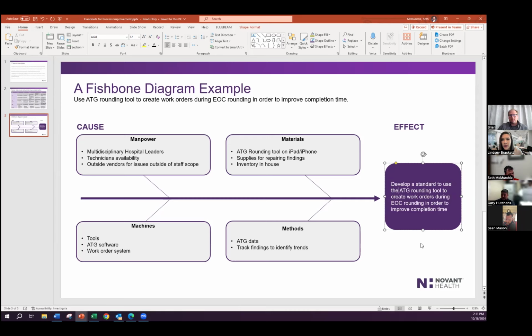We don't have a standard operating procedure. We have the tools, we have iPads, we have a software, we have ATG, we have manpower, we have people who are rounding, we have an ATG checklist. The problem, the cause, is we don't have a standard for how to use those tools. And the effect is that there's too much variety and therefore time.